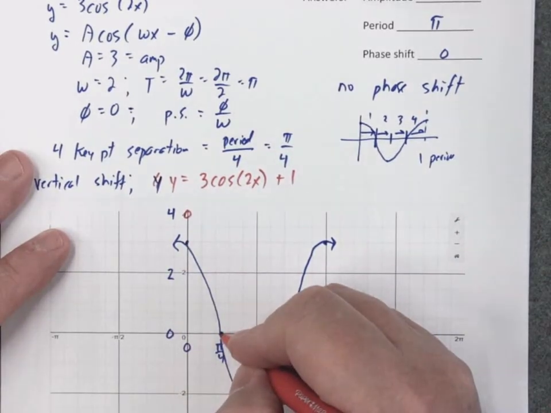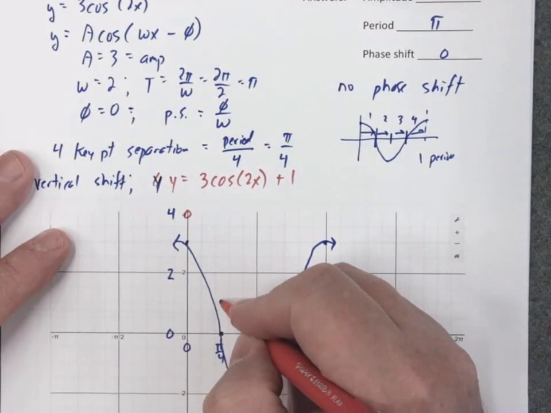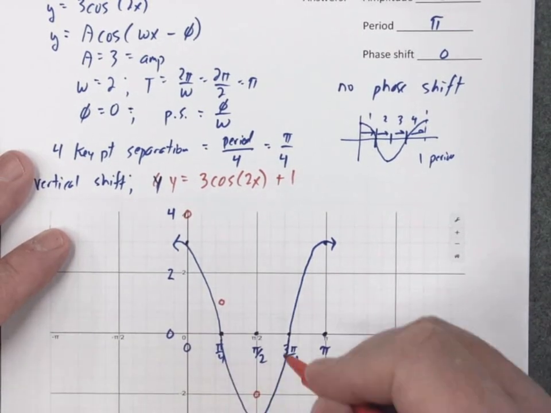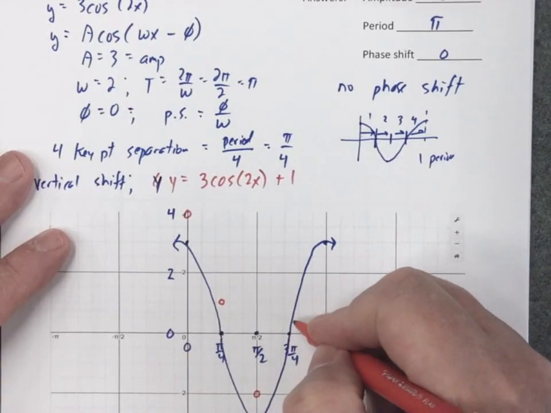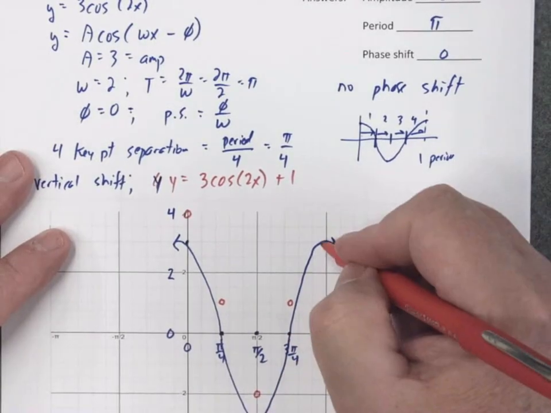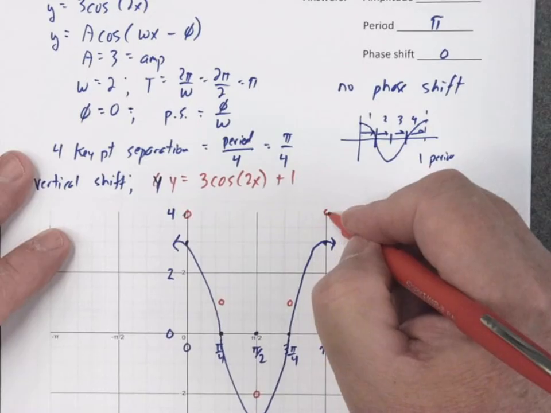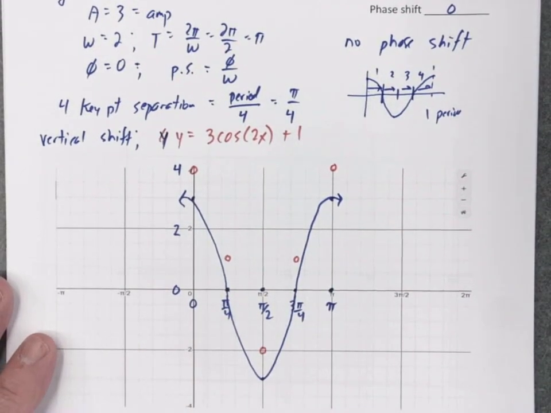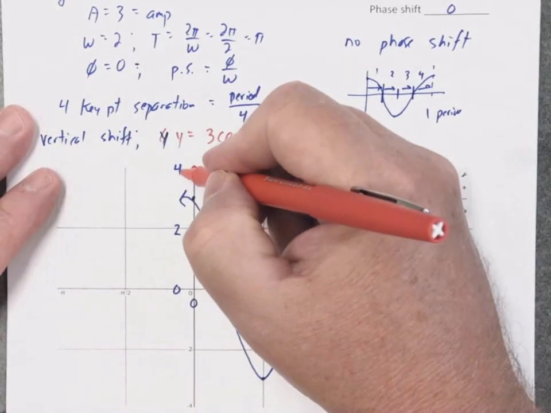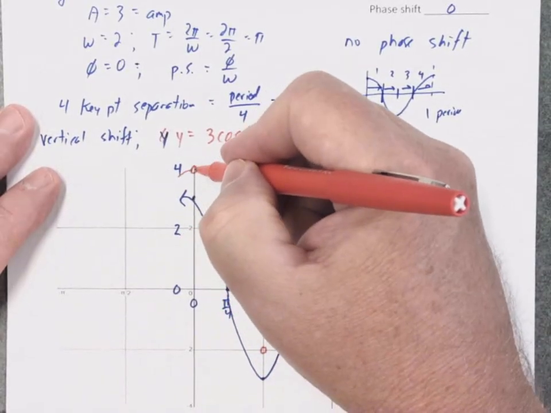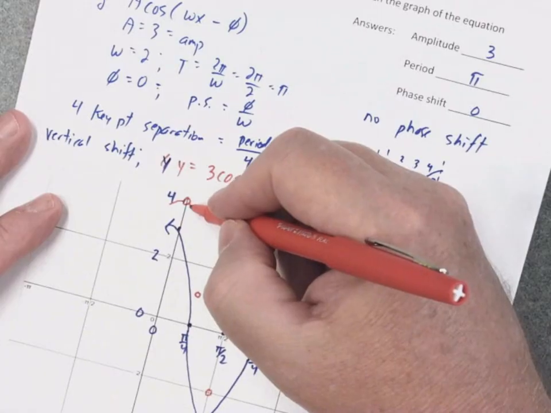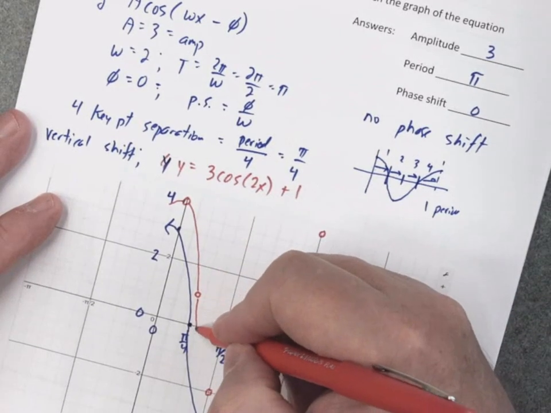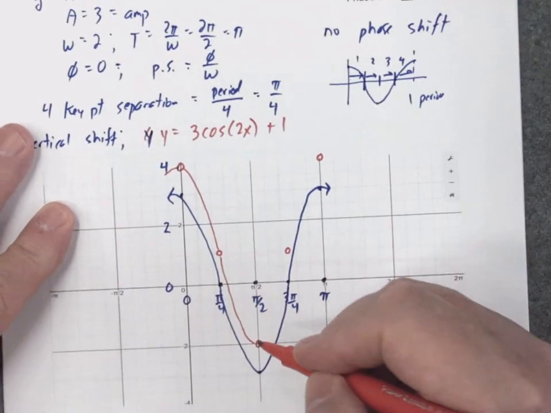This point is going to go up 1, which would be here. This point to move up 1 is here. This point it gets moved up here. And this point it gets moved up here. So I did these like these circles here. And now I can try and draw a graph through these new points I just created.